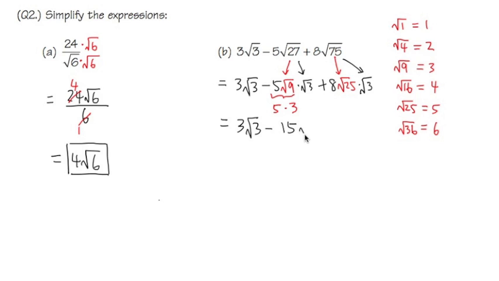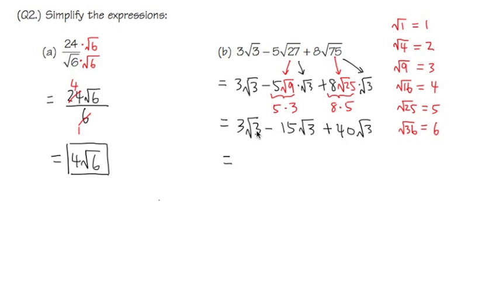And bring down the square root of 3. And plus, for the next part, we have 8 times square root of 25. 8 is the regular 8. Square root of 25 becomes regular 5. So 5 times 8, the regular numbers, we will get 40. And let's also maintain the square root of 3.